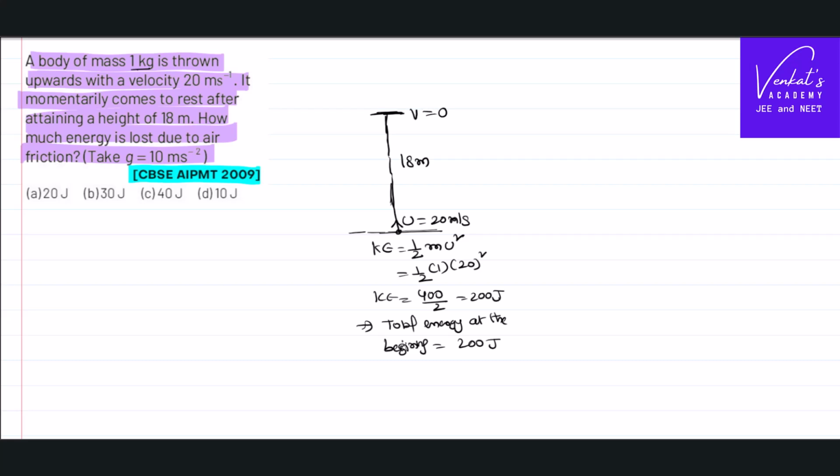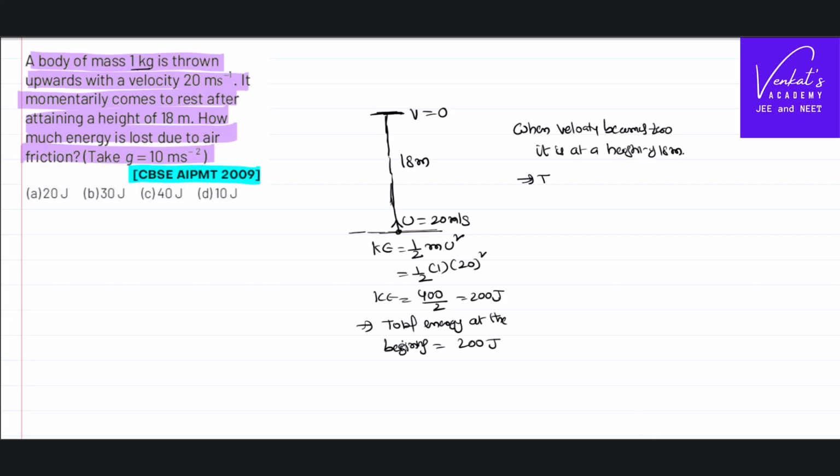So what we can say? Next, when velocity becomes 0, it is at a height of 18 meters from the reference point.